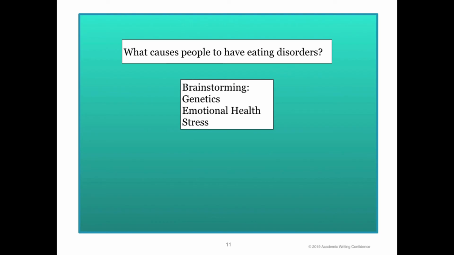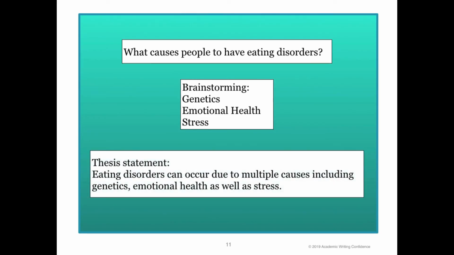And then you could use these 3 ideas to write your thesis statement. You might write something like this: eating disorders can occur due to multiple causes, including genetics, emotional health, as well as stress. Now, this would make a very good, clear thesis statement for your essay.